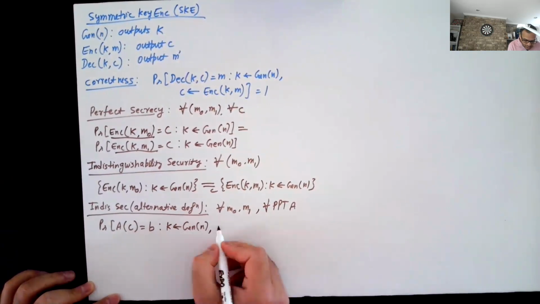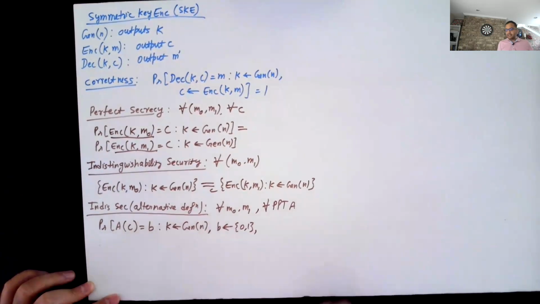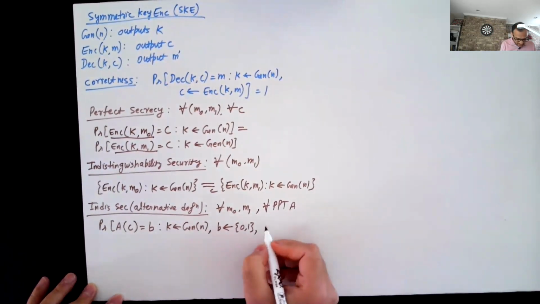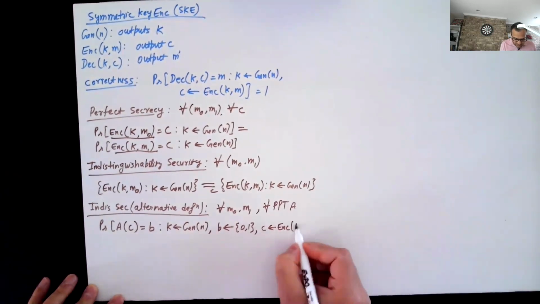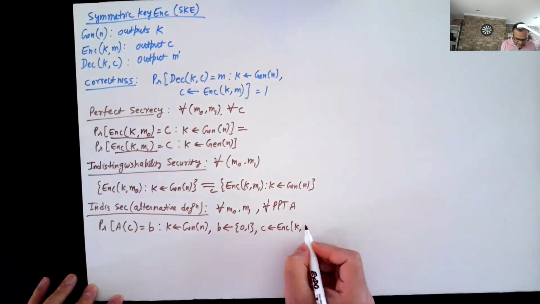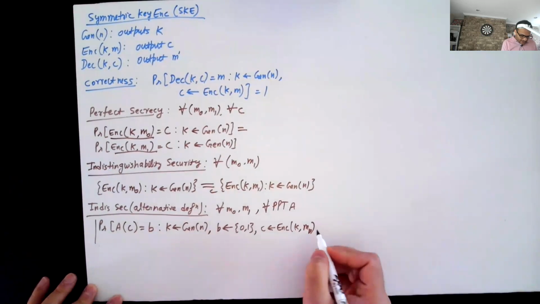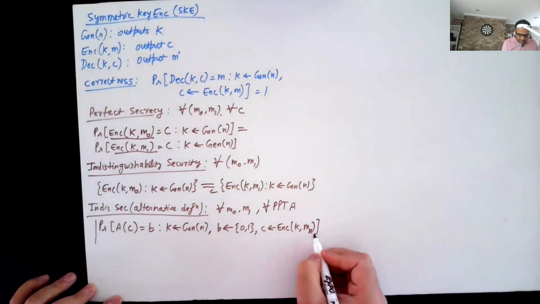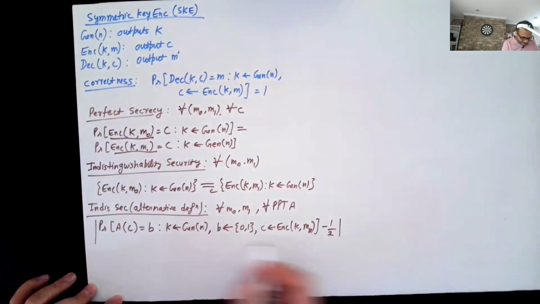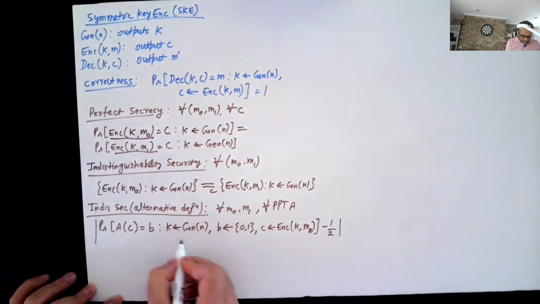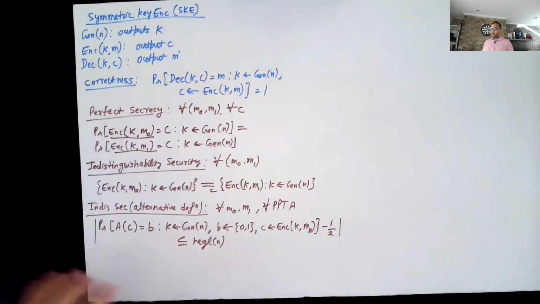Next, you choose B at random, which basically selects the message that you encrypt. And then finally, your ciphertext is an encryption under K of the message MB. And what we need is that this probability should be very close to half. Right? So this is a very natural definition.